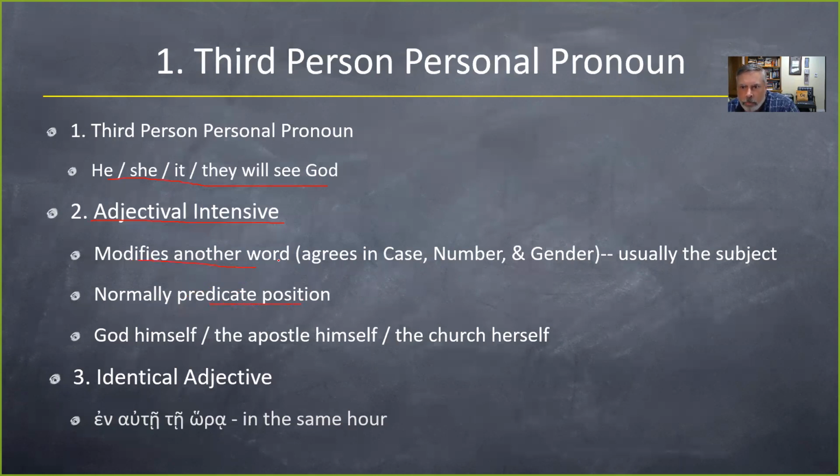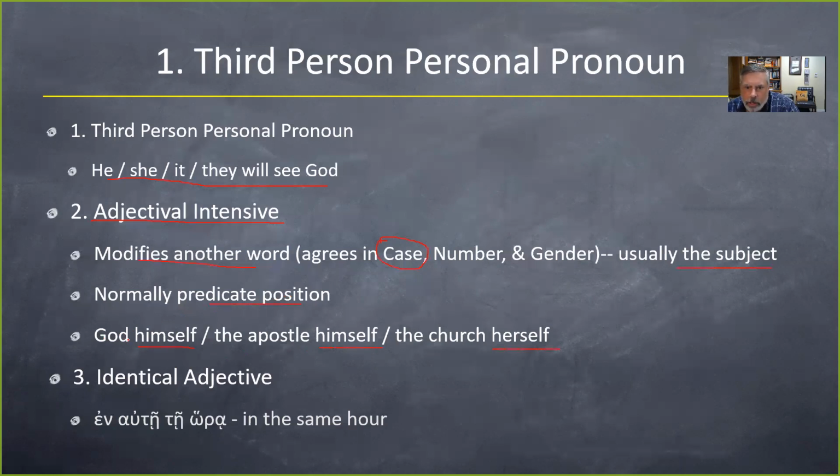The third person pronoun will agree in case, number, and gender. So the case is typically the nominative, and its number and gender agree with the subject that it's predicating on. Normally in the predicate position: God himself, the apostle himself, the church herself.